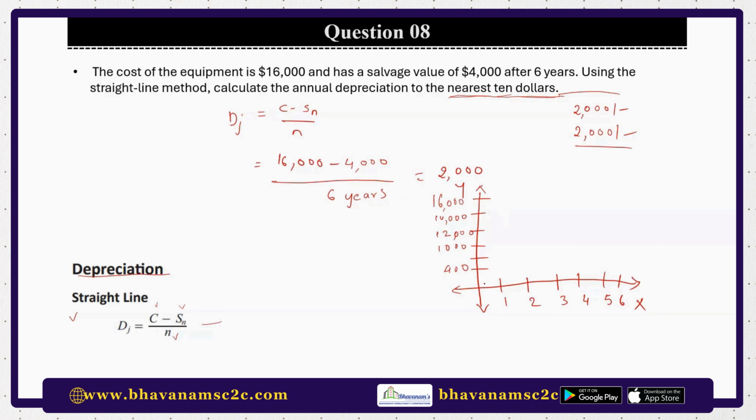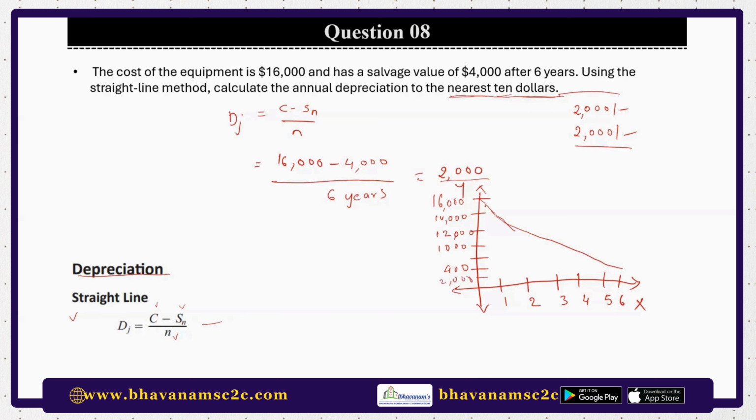For the 0th year, on the day of purchase, it is 16,000. And since it is gradually decreasing by 2,000, after 1 year, the price will be 14,000. And after 2 years, the price will be 12,000. And as the time passes, after 6 years, the value will be 2,000.